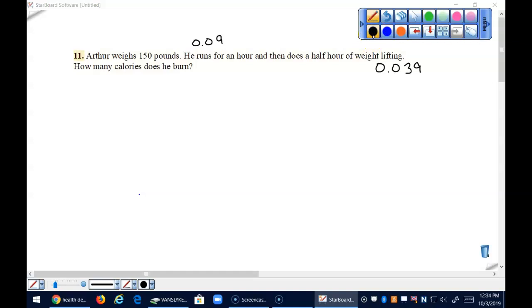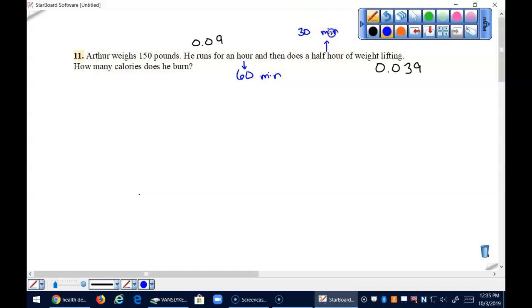Okay, I've written those numbers somewhere on the page. What next? Convert the hour and the half hour to minutes. Okay, so that's 60 minutes. And that's 30 minutes.